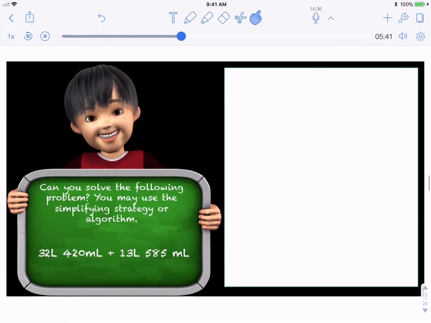Can you solve the following problem? You may use a simplifying strategy or algorithm. Now remember, there's 1,000 milliliters in 1 liter.